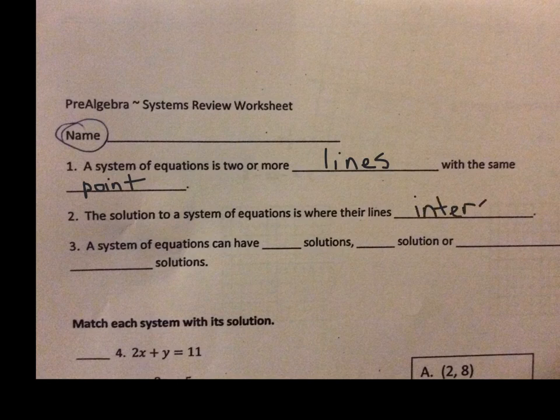Intersect is a little more precise. And then lastly, a system of equations can have many solutions, one solution, or it can have no solutions.